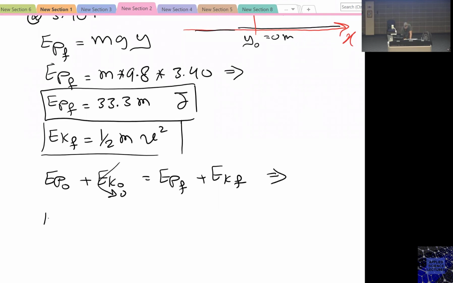EP naught is 133.3 m equals to EPF is 33.3 m and EKF is half m v squared. Is that right? This is from applying the conservation of energy.